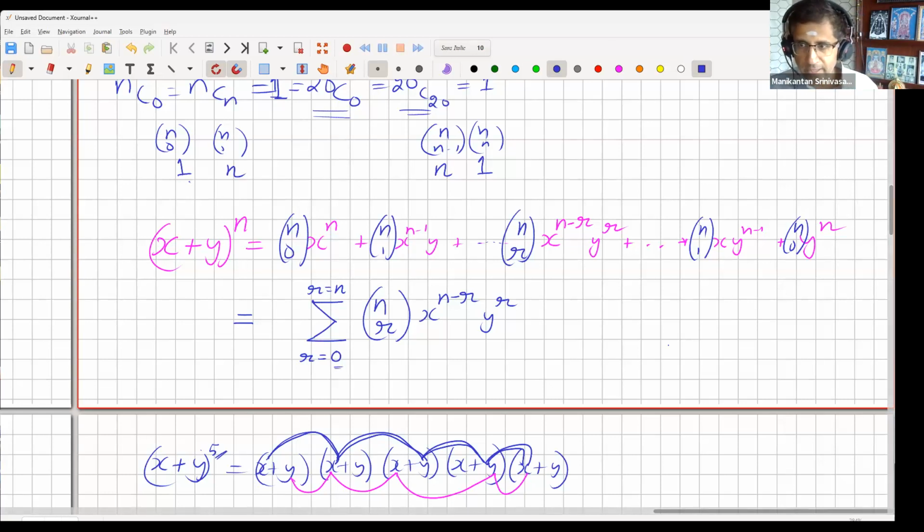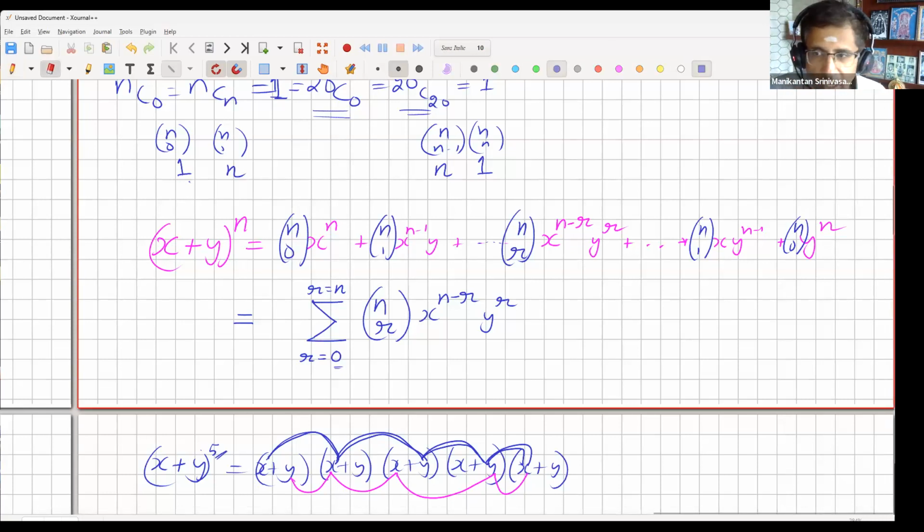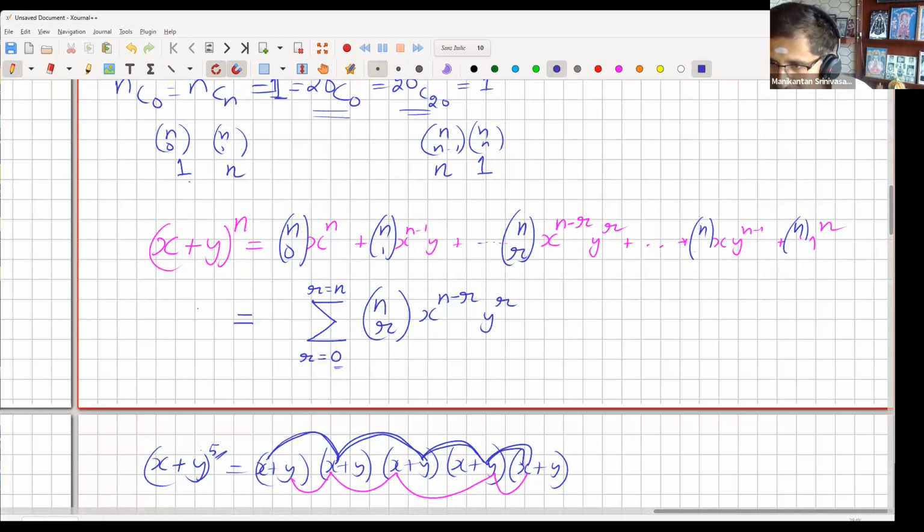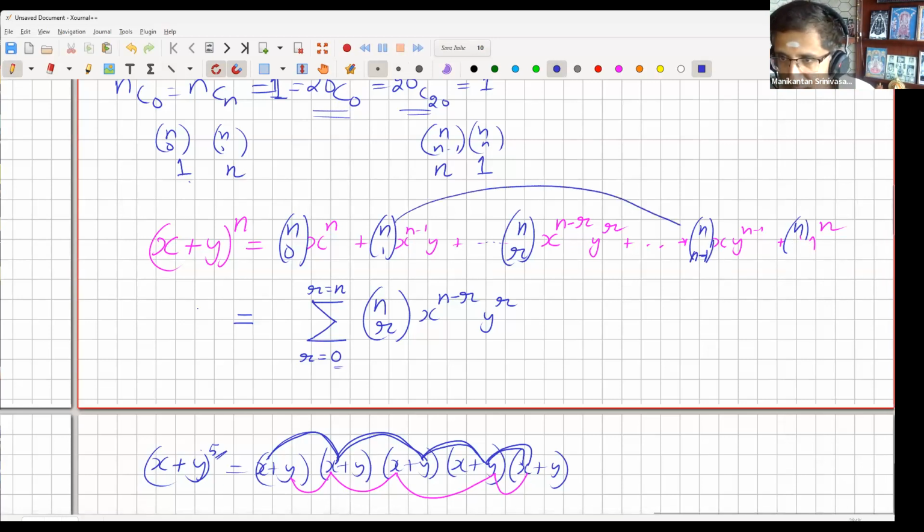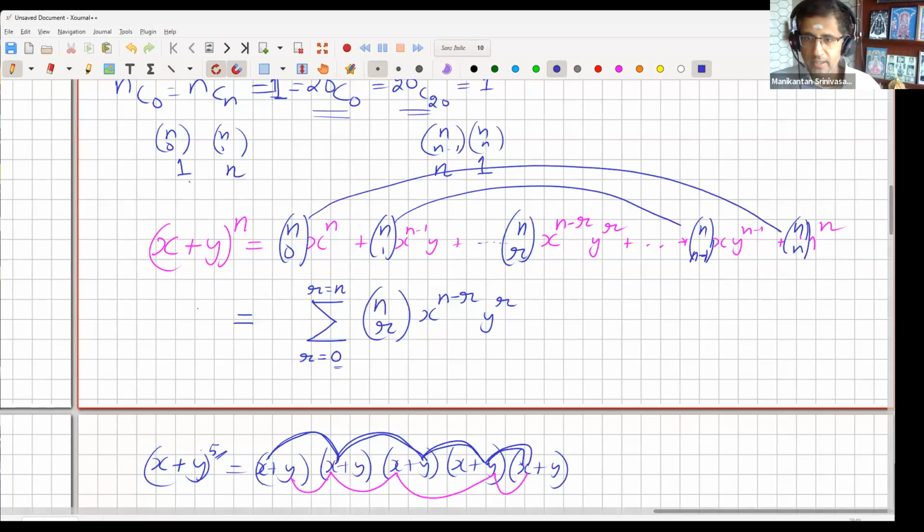So if r equals n, the last term, I should write this as n choose n minus 1, which numerically is the same as n choose 1. And similarly, this is n choose n, numerically the same as n choose 0, which is 1. These two are the same, right?